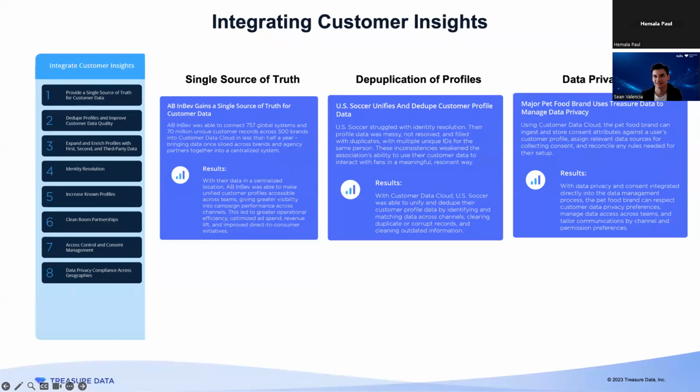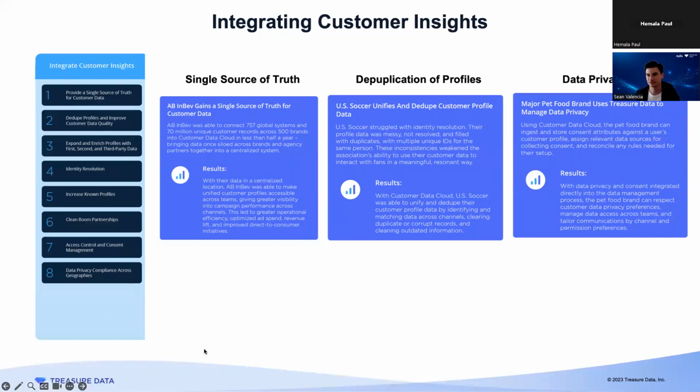They were noticing that they had a lot of inefficiencies because there was just a large number of duplicate customers, and trying to clean up their bad or corrupt records can drive a lot of value. But really, to start on that journey, it also has to be brought into a centralized location.